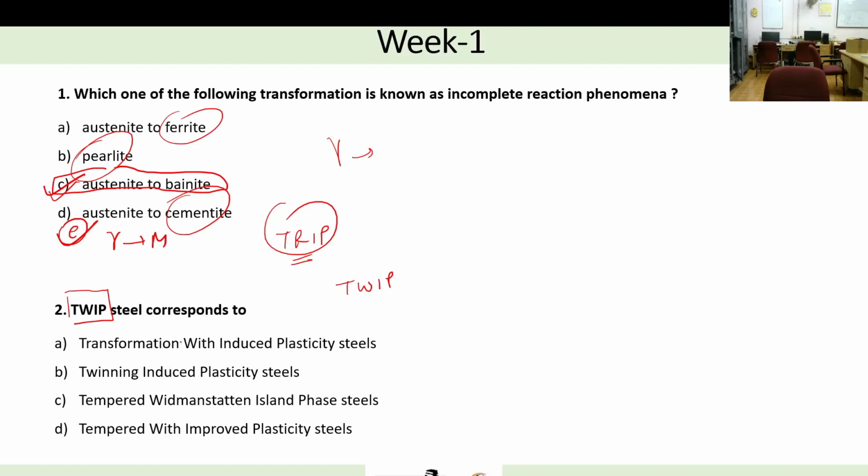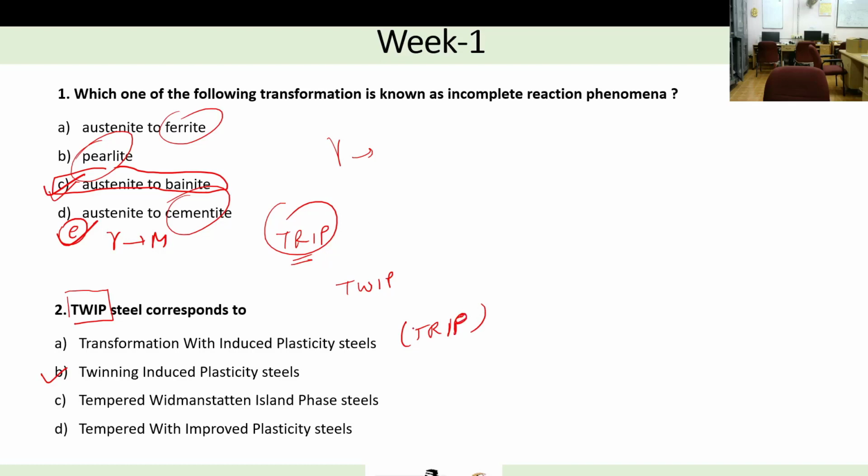So the right answer is option B, that is twinning induced plasticity steel. I think someone has commented A, that is transformation induced plasticity. That is not correct. That is related to TRIP, transformation induced plasticity.